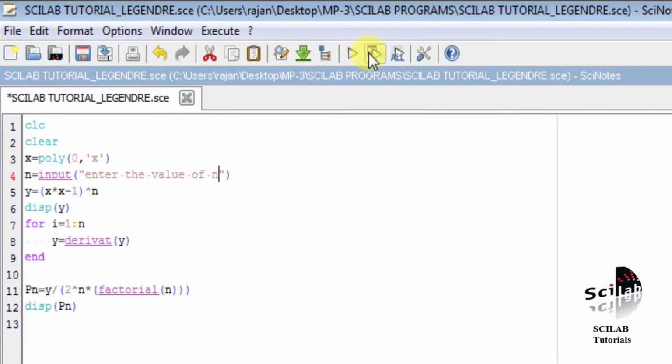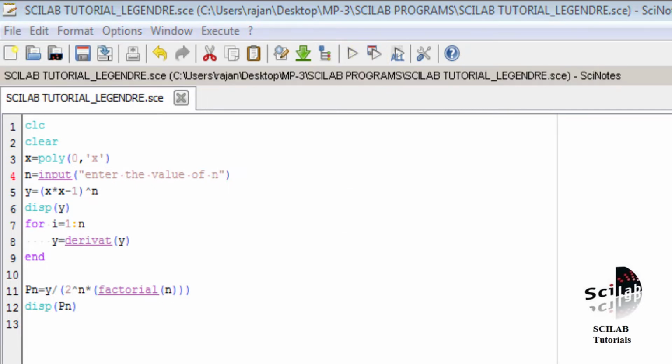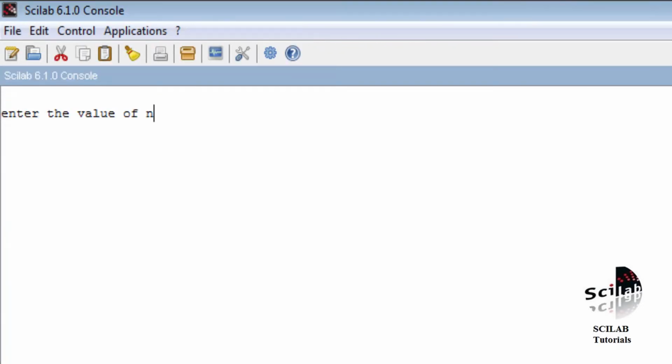Now we will run the code and see what we are getting in the console. The console is asking to enter the value of n. So let us, for simplicity, not write 3, let us write 1. As we know that the value of P1 is x, let's check what we are getting. We can see minus 1 plus x square is the value of (x square minus 1) whole to the power 1, and we are getting the Legendre polynomial as x.